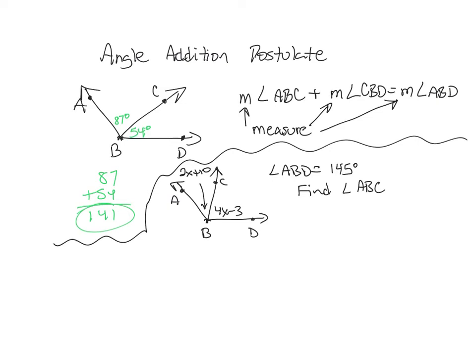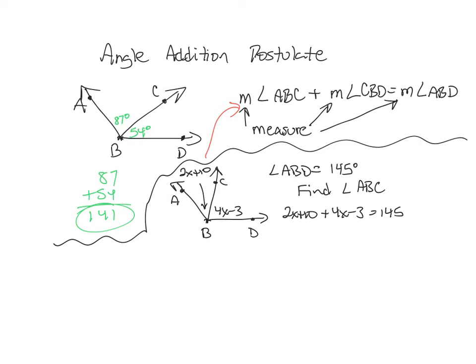So we'd have to say, well, I know each part is these algebra things, and the whole thing is 145. So if I plug it into basically the segment addition, I can do 2x plus 10 plus 4x minus 3 equals 145, and then I can solve it.